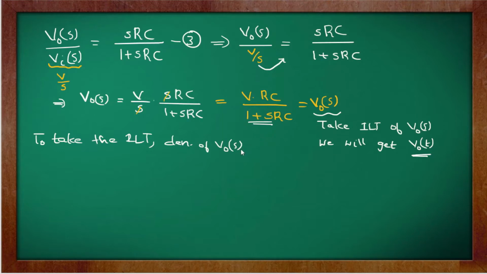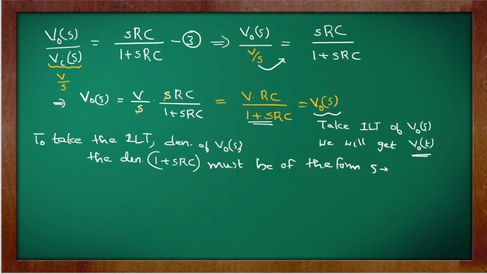So the denominator 1 plus SRC must be of the form S plus something. If it is in this form, then we will be able to find the inverse Laplace transform quickly. So let us convert it to that form.